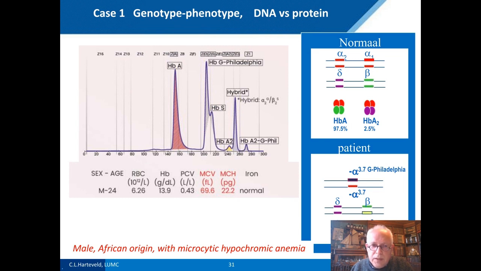And on top of it, he has a point mutation in one of those, causing G. Philadelphia. That is the protein which is due to a substitution of amino acids. And he is an S carrier, which is probably not a surprise because of his African origin.